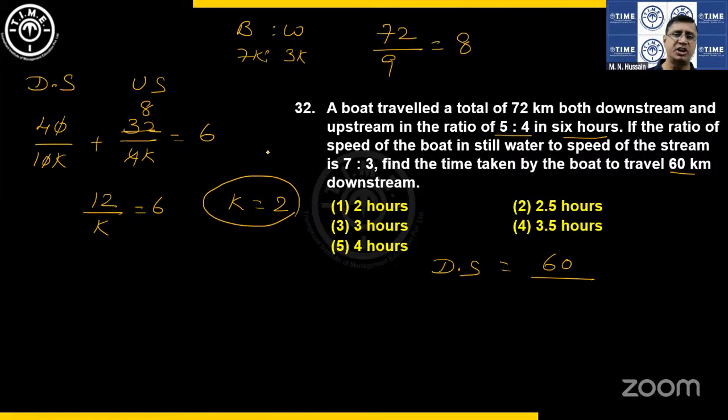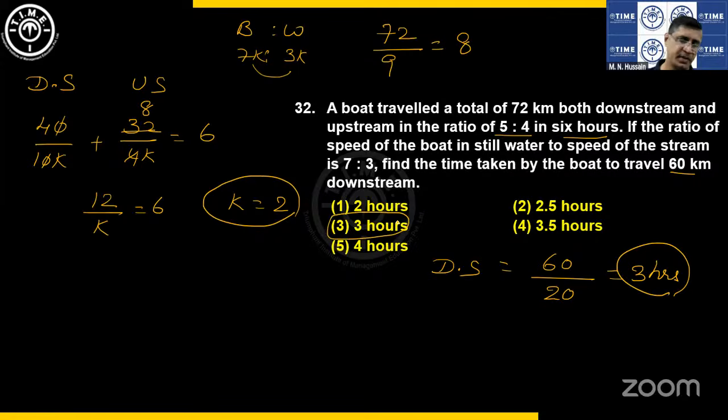Now, what is the downstream speed? 7 plus 3, that is 10K. 10K means 10 into 2, that is 20. So time taken by the boat to travel 60 kilometers downstream means 60 by 20, that is 3 hours.